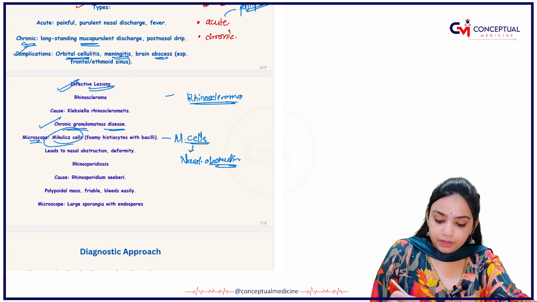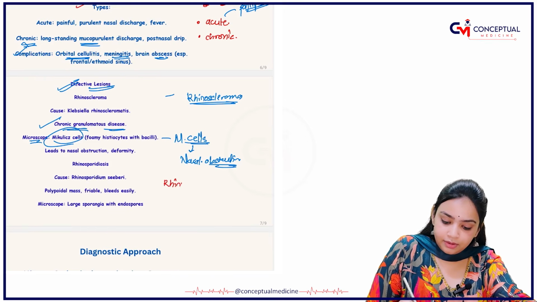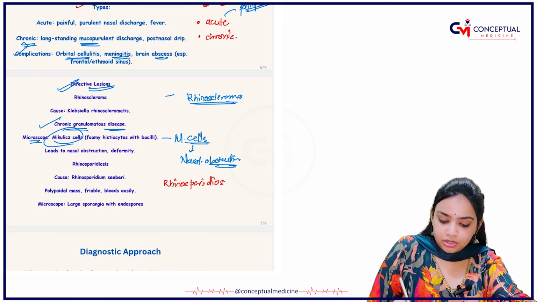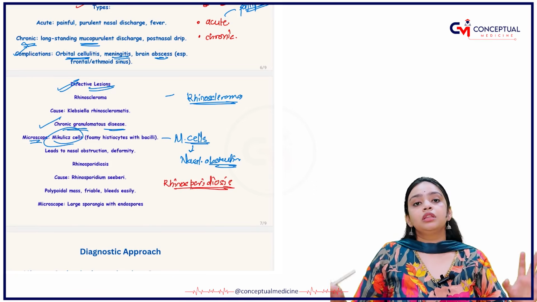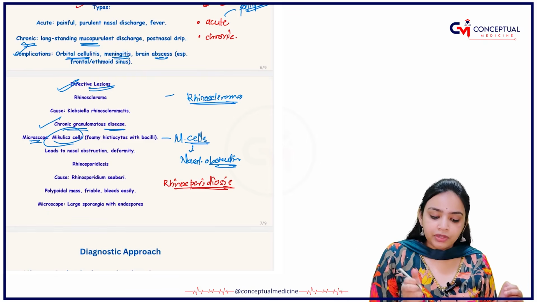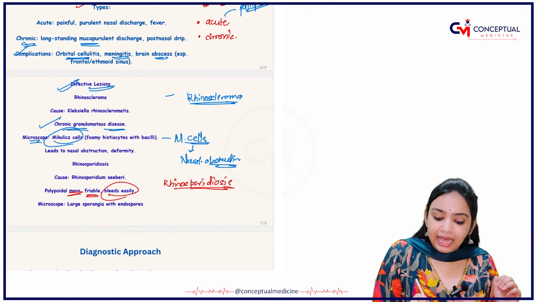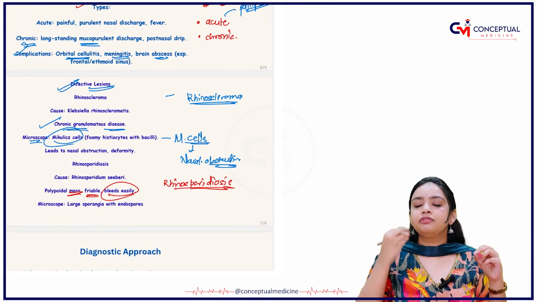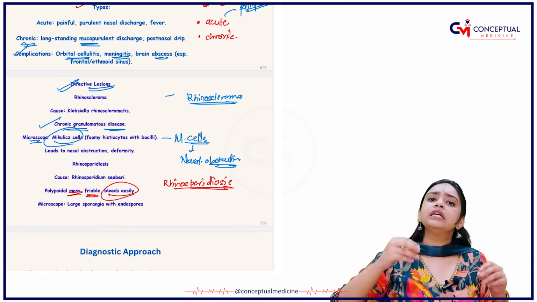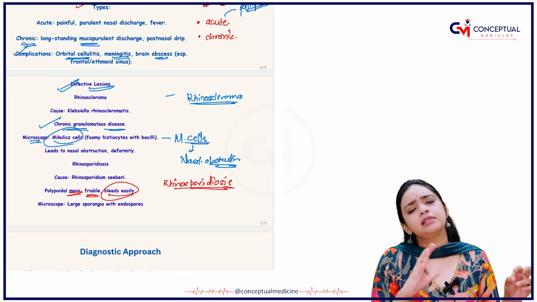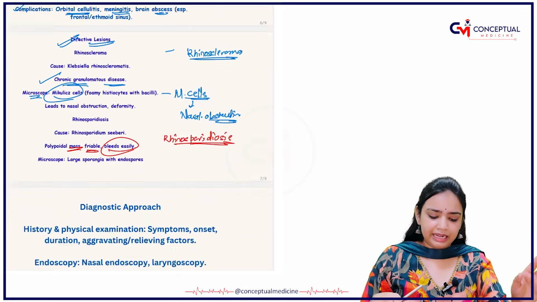Then you have rhinosporidiosis. In rhinosporidiosis, there will be a mass which is friable and bleeds easily. If there is any trauma, the mass will bleed easily. It's similar to the polyp, but it will bleed very easily.